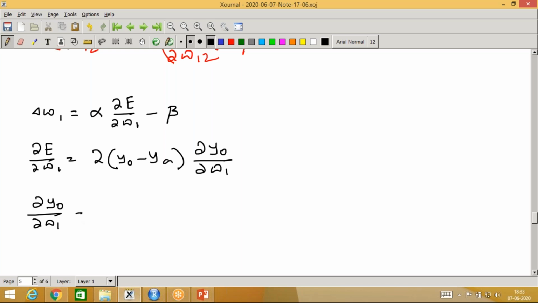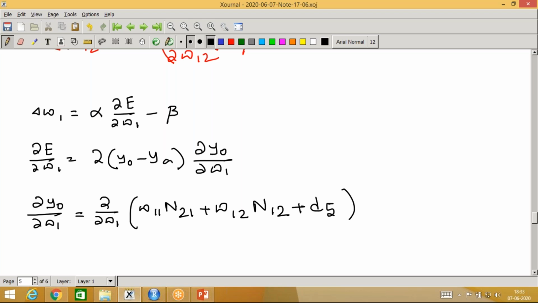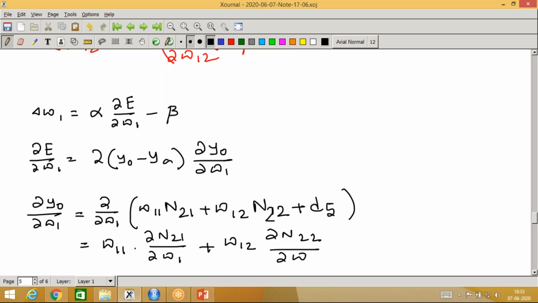Yes, alpha beta is the same for every case. I have just broken y0. So here it becomes W11 into del N21 del W1 plus W12 into del N22 del W2 plus 0, because D5 is constant.